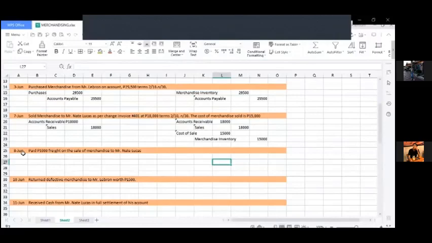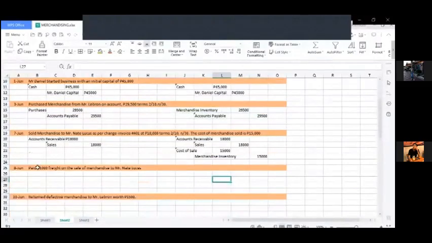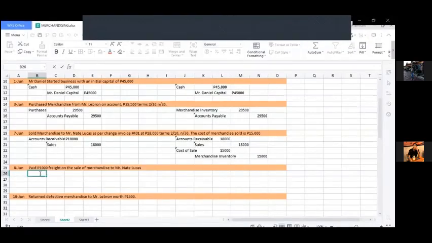So transaction number 4. Noong June 8, nagbayad tayo ng freight on sale of merchandise to Nate Lucas. So, tayo yung nagbayad. Seller tayo, kaya ang gagamitin natin is freight out or transportation out, and cash, kasi mababawasan yung cash natin.